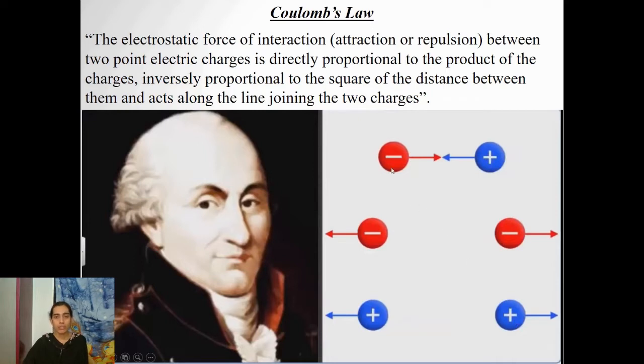So whatever the type of the charge, the force of attraction or repulsion between these 2 charges will always be directly proportional to the product of the magnitude of these charges, and also inversely dependent on the square of the distance between them, and it always acts along the line joining the 2 charges. Fine. This is the statement of Coulomb's law.